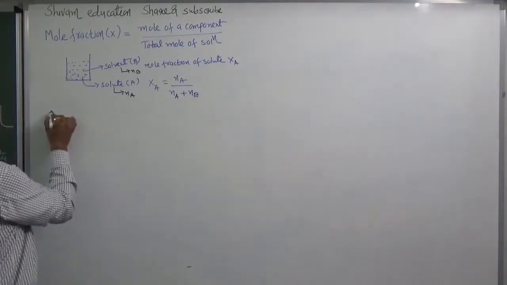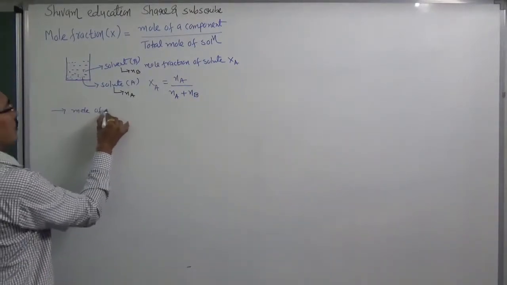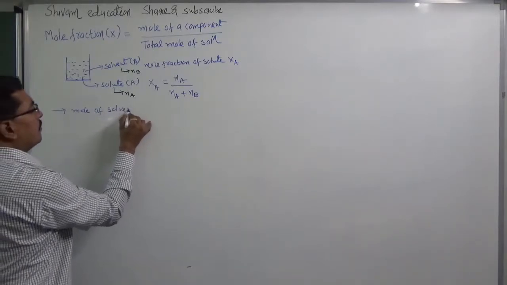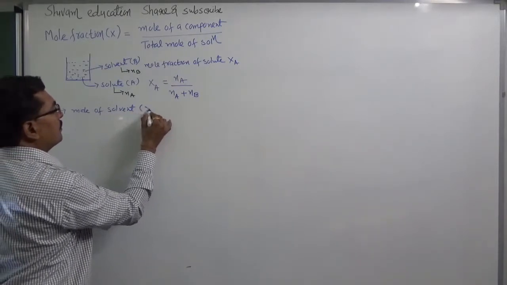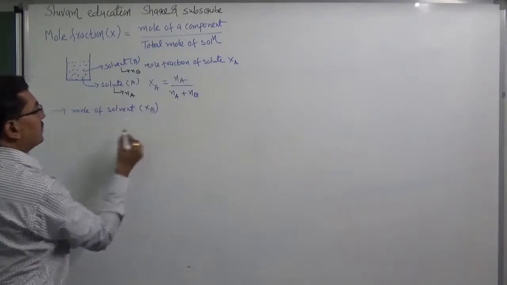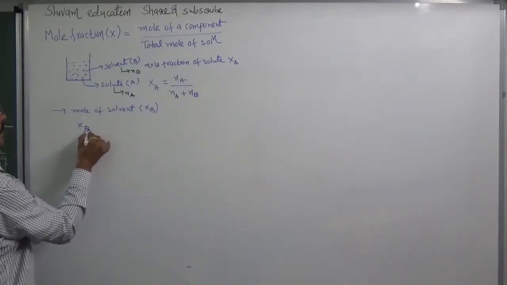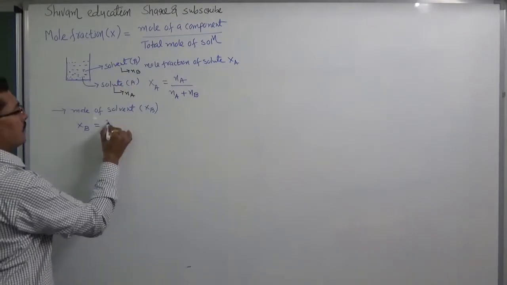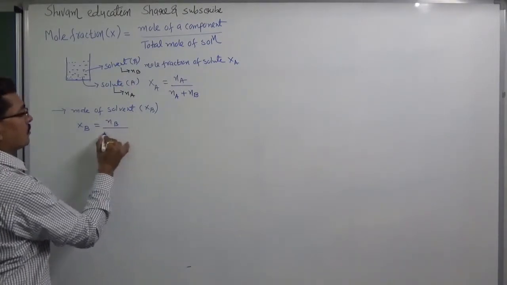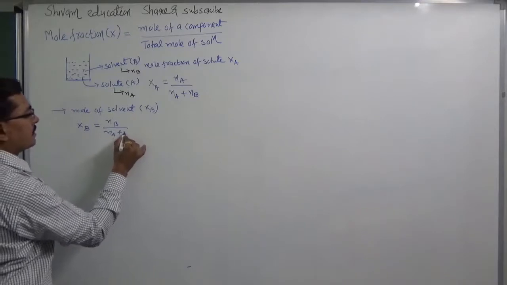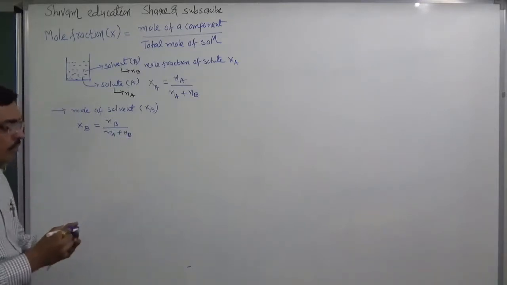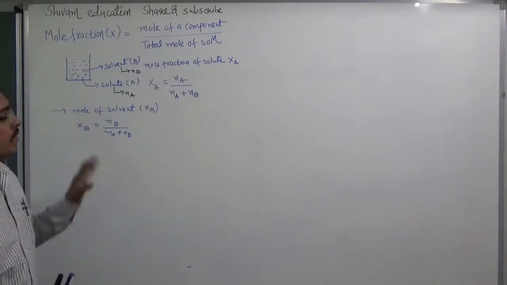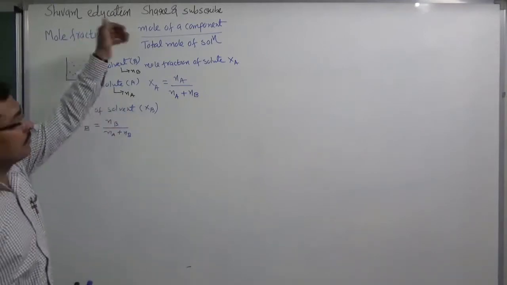Similarly, the mole fraction of solvent also can be obtained. If I give the mole fraction of solvent the symbol Xb, then Xb is Nb, the mole of solvent, divided by the total mole of solution, Na plus Nb.